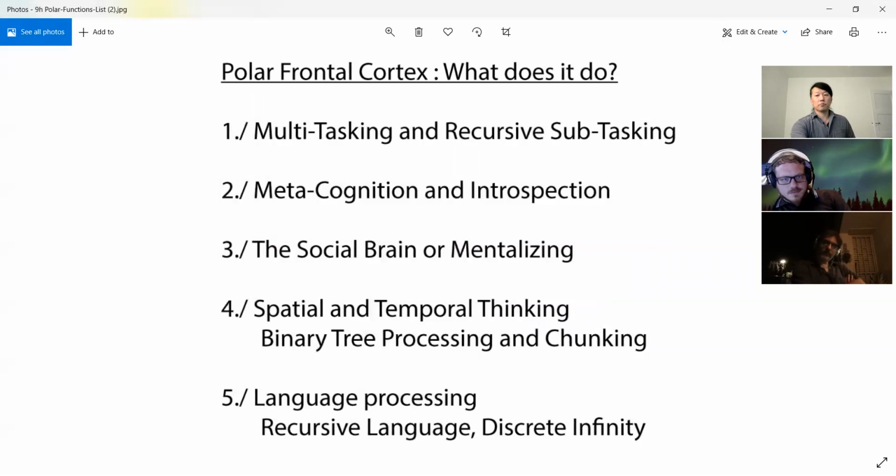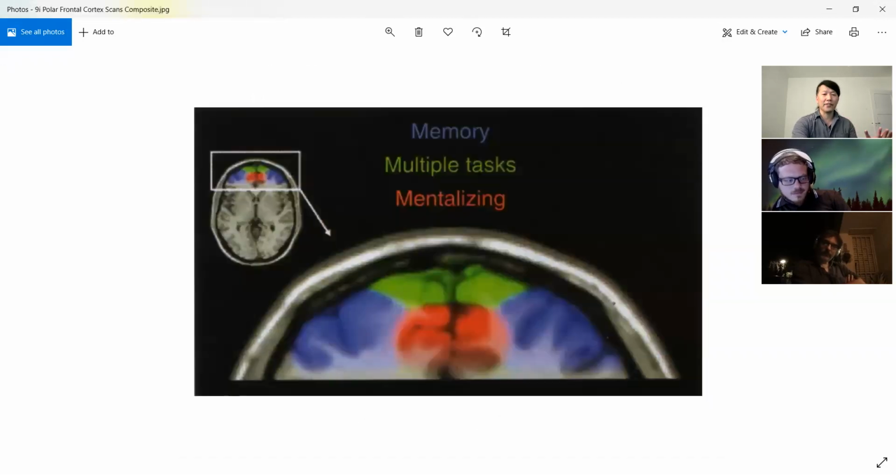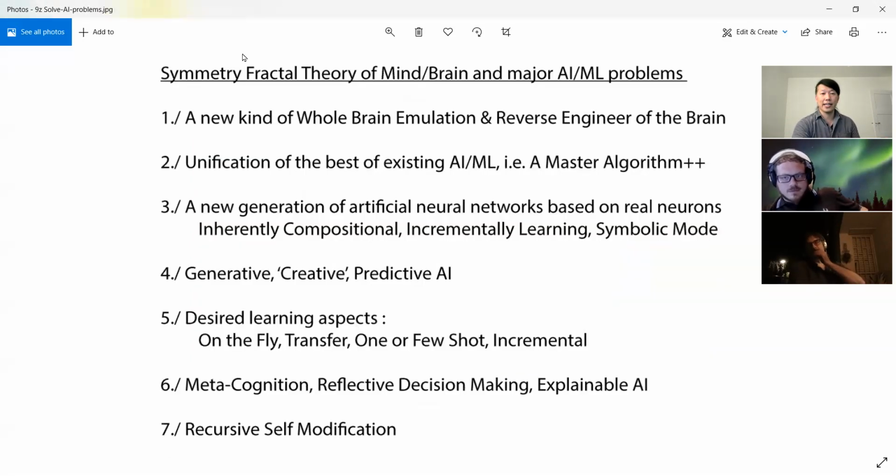Okay, so what we have is really not just a unified theory of the brain and intelligence and life and discrete mathematics and language. What we've covered in the past two talks is really the answers to many of these questions in artificial intelligence and machine learning. But we've not specifically gone out to answer these questions.